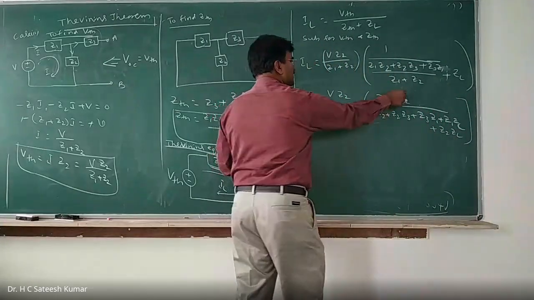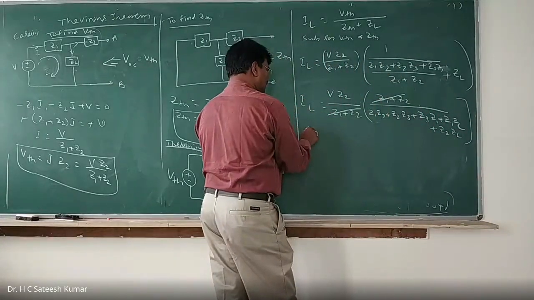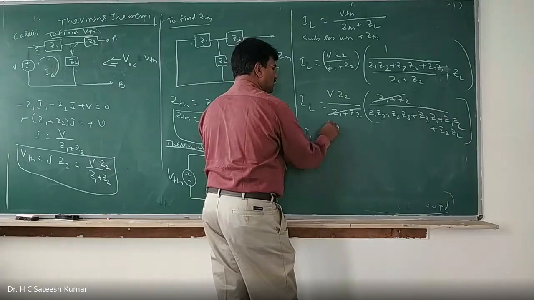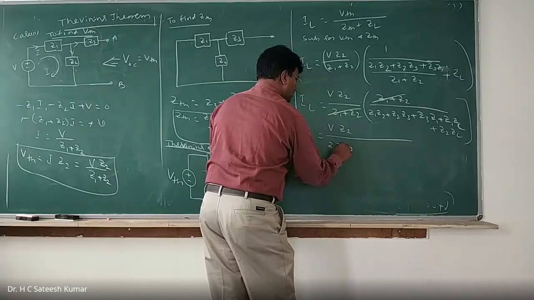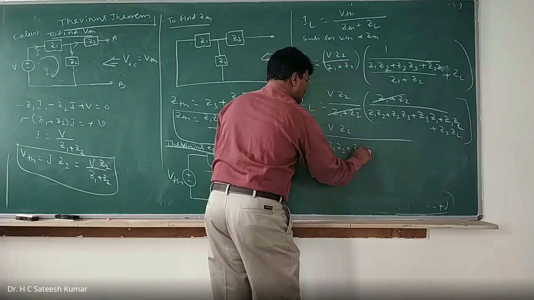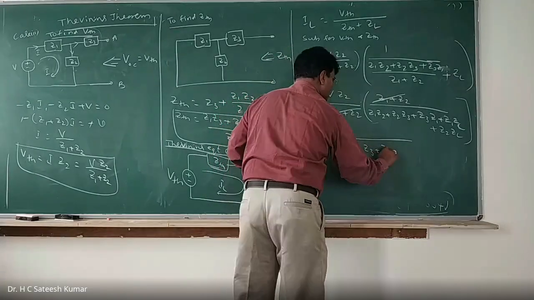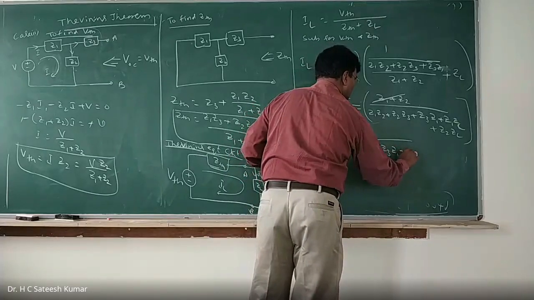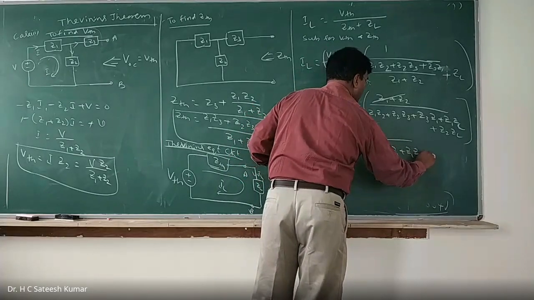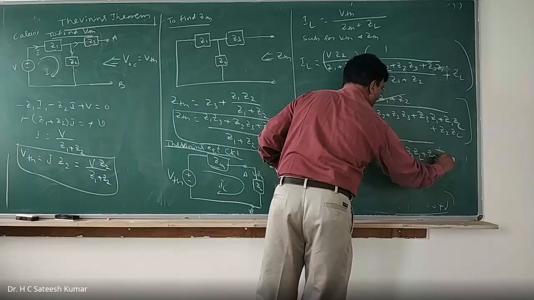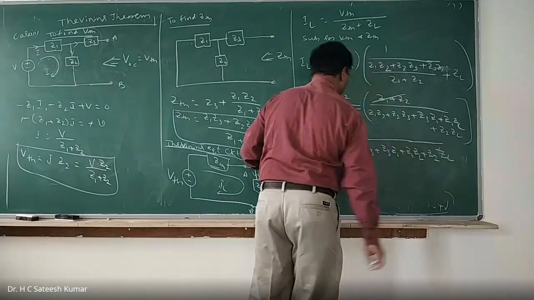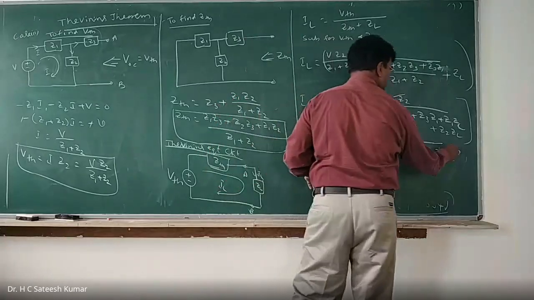Z1 plus Z2 gets cancelled. IL is equal to V Z2 divided by Z1 Z2 plus Z2 Z3 plus Z3 Z1 plus Z1 ZL plus Z2 ZL. Okay, call this equation number 2.